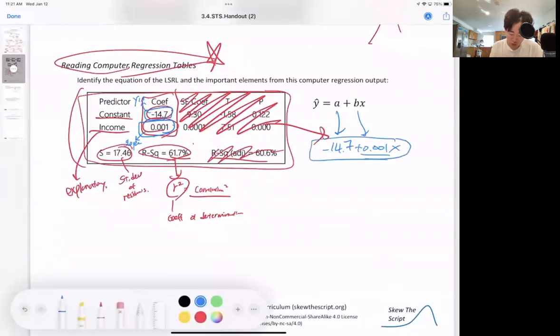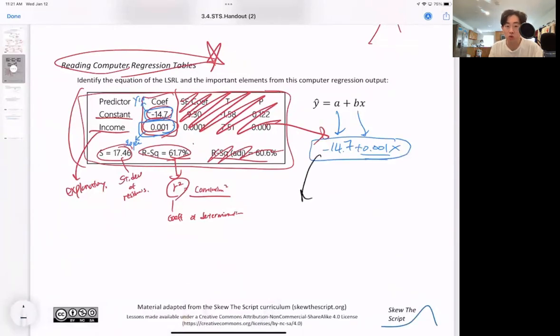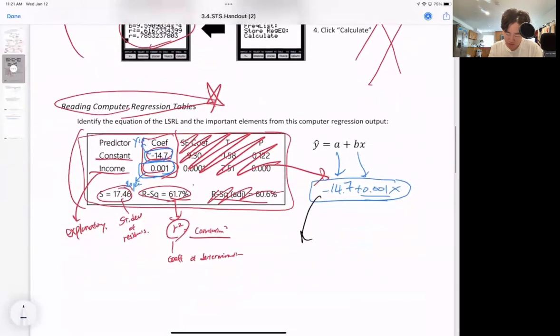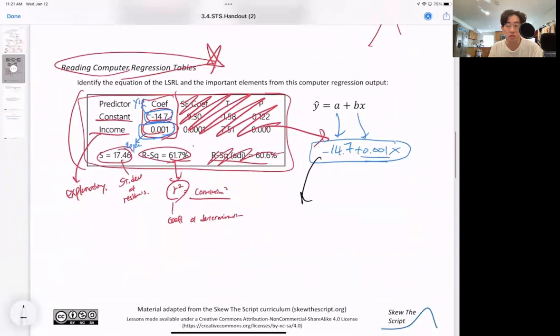Now, to write down the actual answer to this, I need to be provided with the response variable for this one. But usually it should be y hat is equal to negative 14.7 plus 0.001 times the income. And for the y hat, you need to input the context they provided for you.